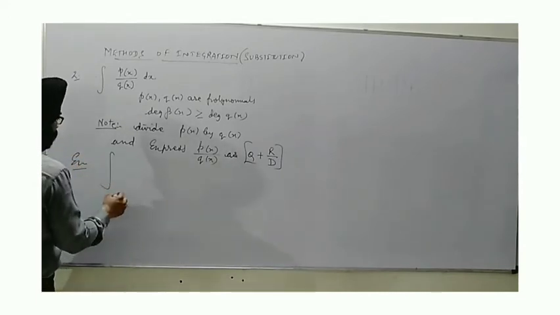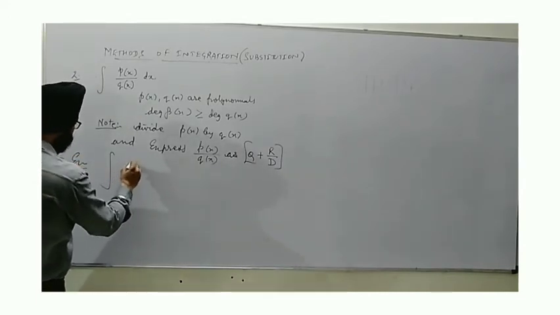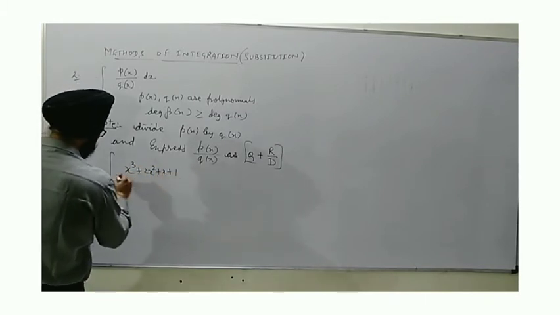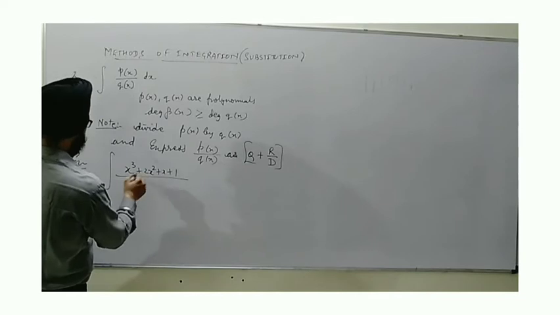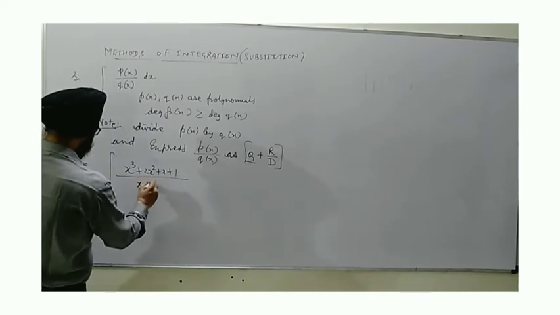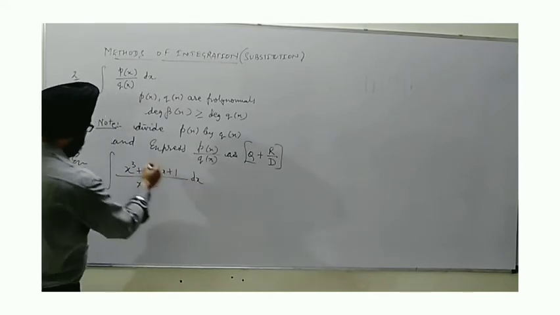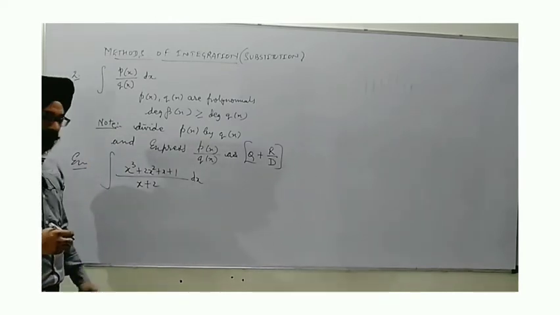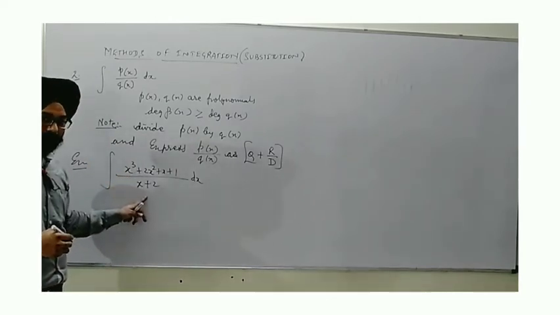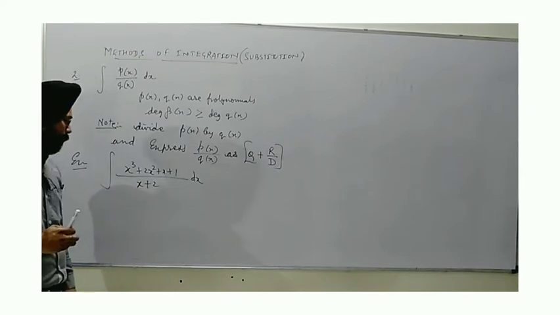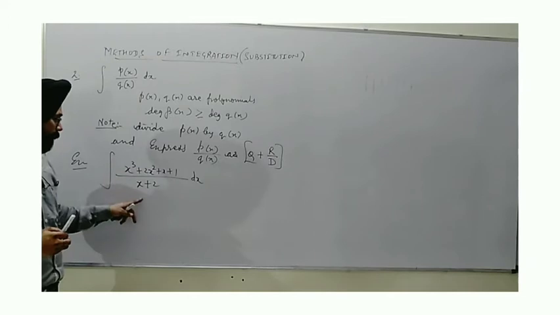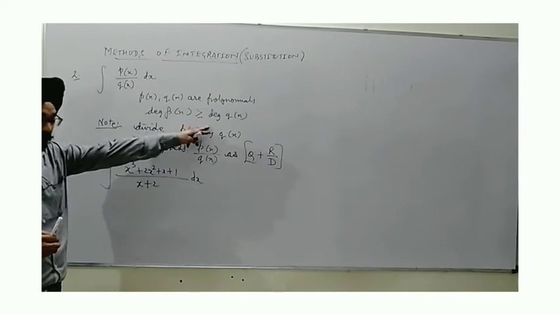Suppose I am writing here x cube plus 2x square plus x plus 1, and we need to write here x plus 2. I have taken px upon qx. Basically this pattern is needed. Px upon qx, about this polynomial, this also is a polynomial. What do I have to do? We see that the degree of px, which is 3, must be greater than or equal to the degree of qx.